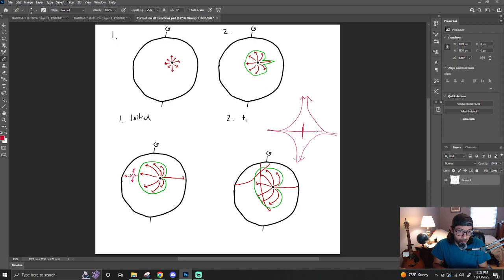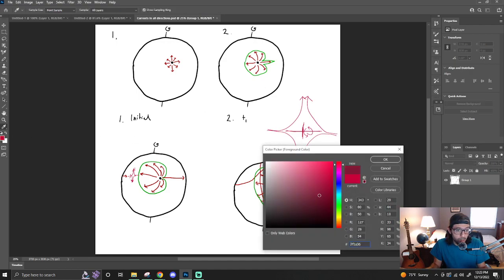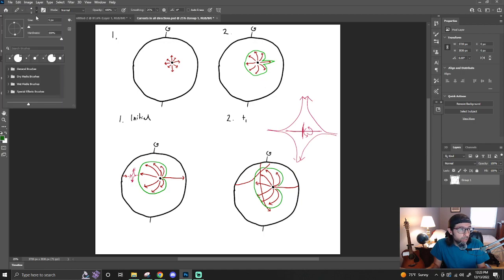It's spinning along this axis so that it's rotating like this. And so that forms Hawaii.